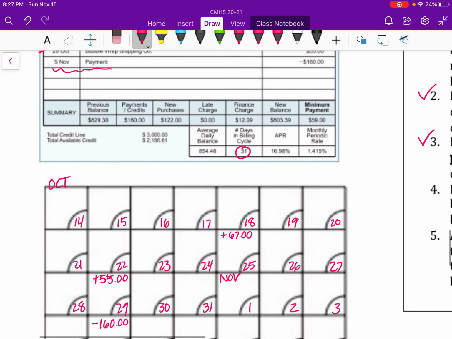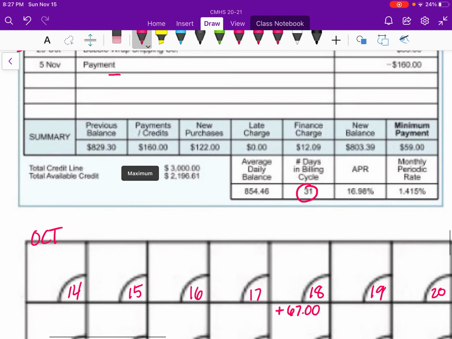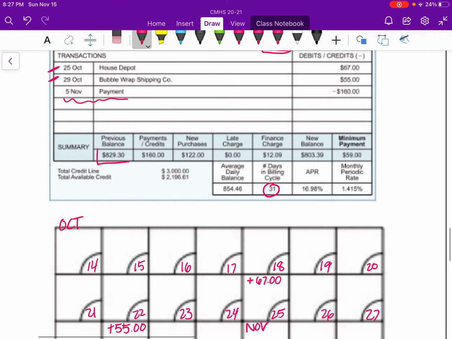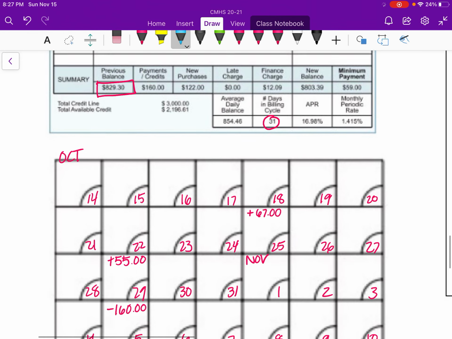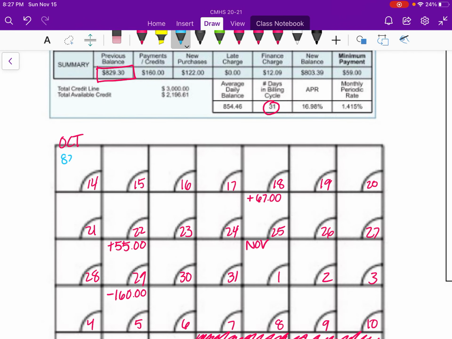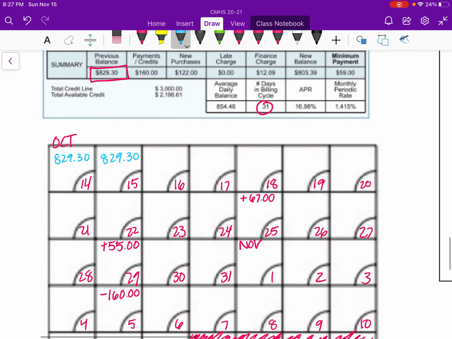So, all right, this is the long part. It says the previous balance from last month was $829.30. So what I'm going to do is write $829.30 in every single day until my very first purchase, because that was my average every single day until I made a first purchase. So literally every single box, I want you to write $829.30.